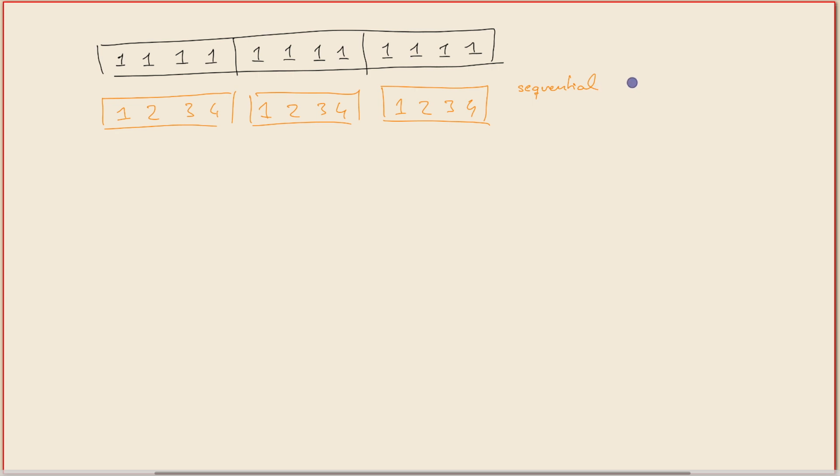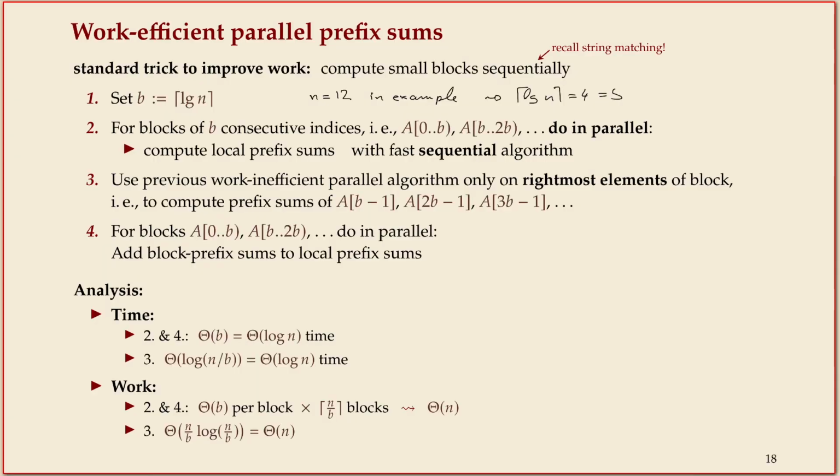So each of these takes order B time. And of course, that's the total span as well for the entire round, because it's run in parallel. But we do n divided b times that in work, because for work we have to sum up over all the blocks. All right, so far so good.